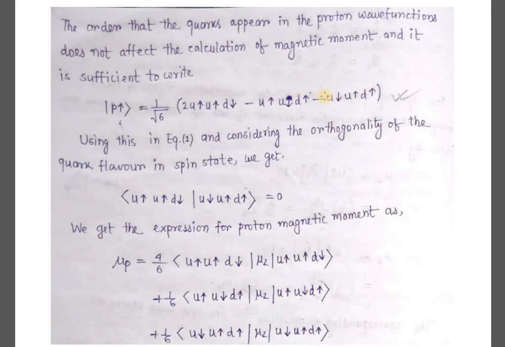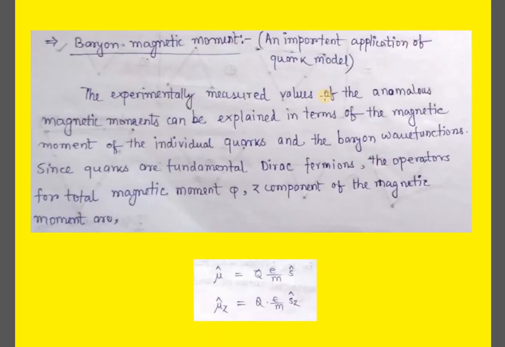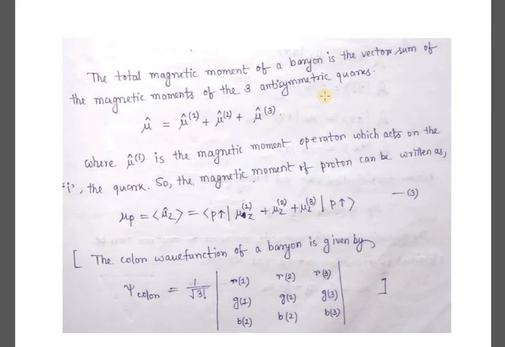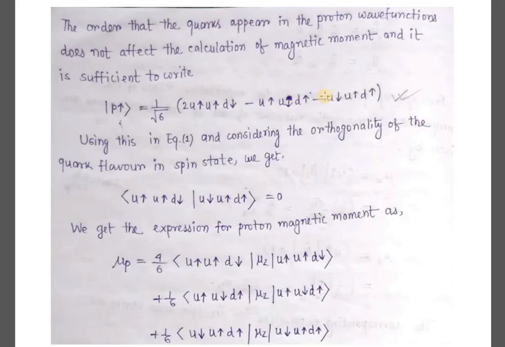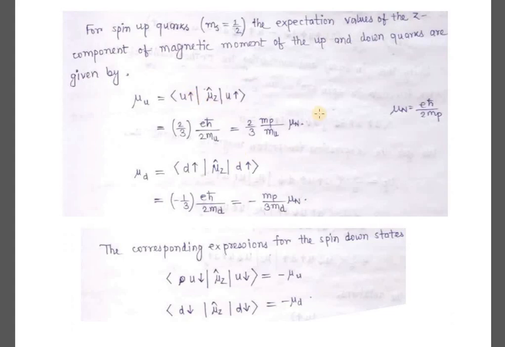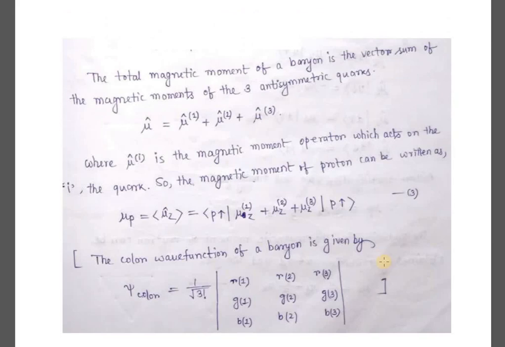And if we use this in equation 1, where was it? Yeah, before, and then which was this expression. If we use this here, you see the up down expressions.